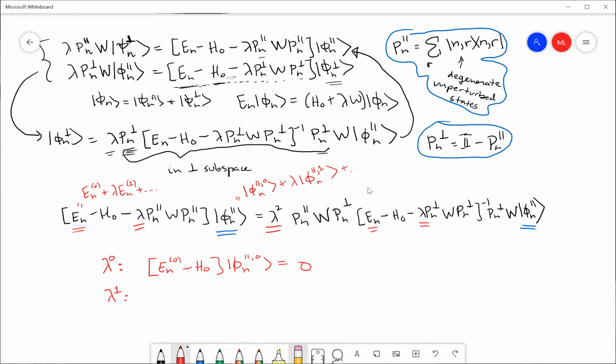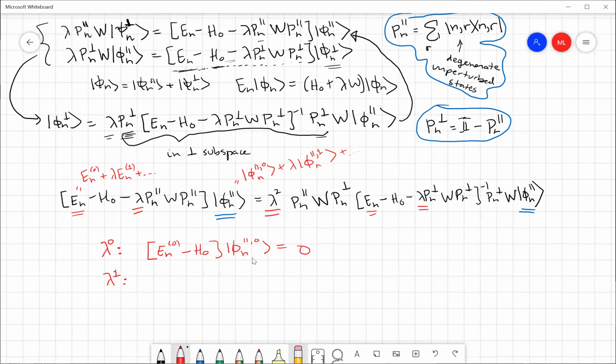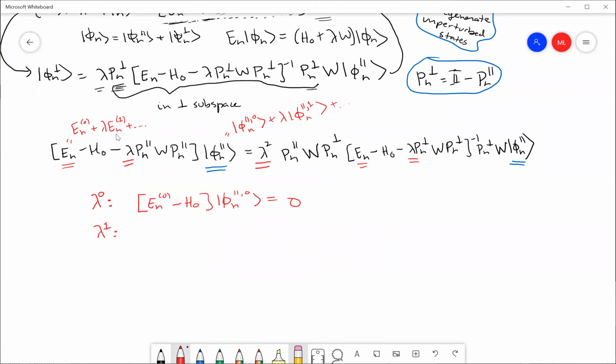It gets a little bit more non-trivial once you get to first order in lambda. And then you start thinking about what's first order in lambda. Well, you certainly have this lambda En1 piece. If this piece has a lambda En1, then we can only really take the 0th order portion of the state.